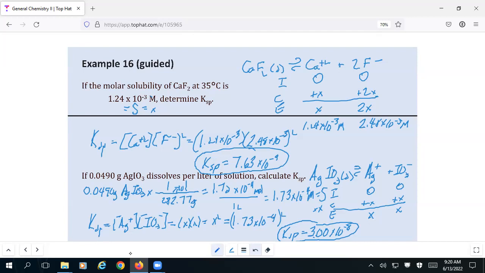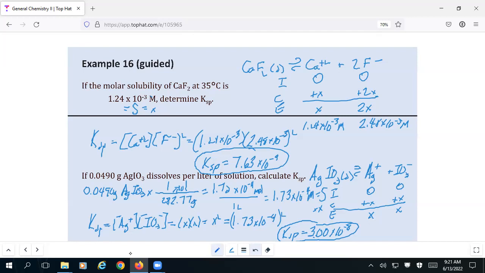Because what I'm going to see here is that the molar solubility of the calcium fluoride is about 10 times greater than the molar solubility of the silver iodate. The only reason the Ksp is bigger is because there are more ions factoring into that Ksp.